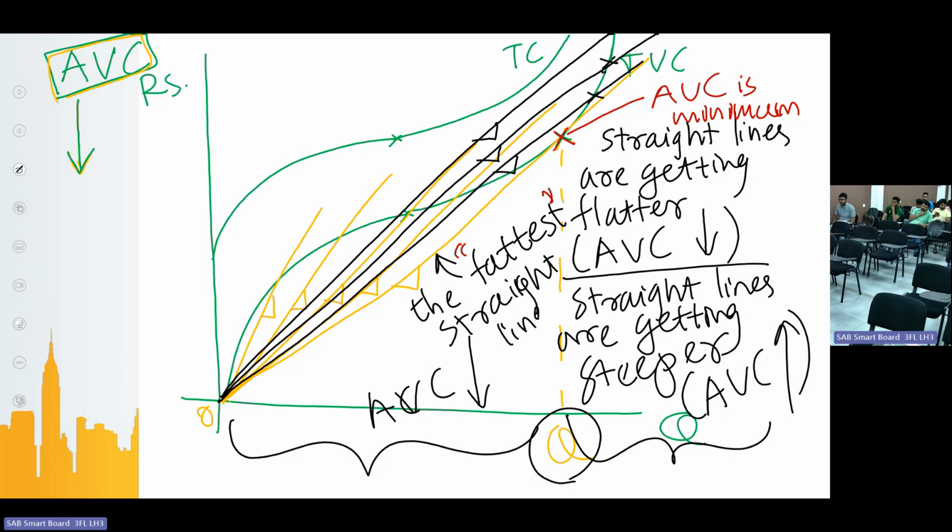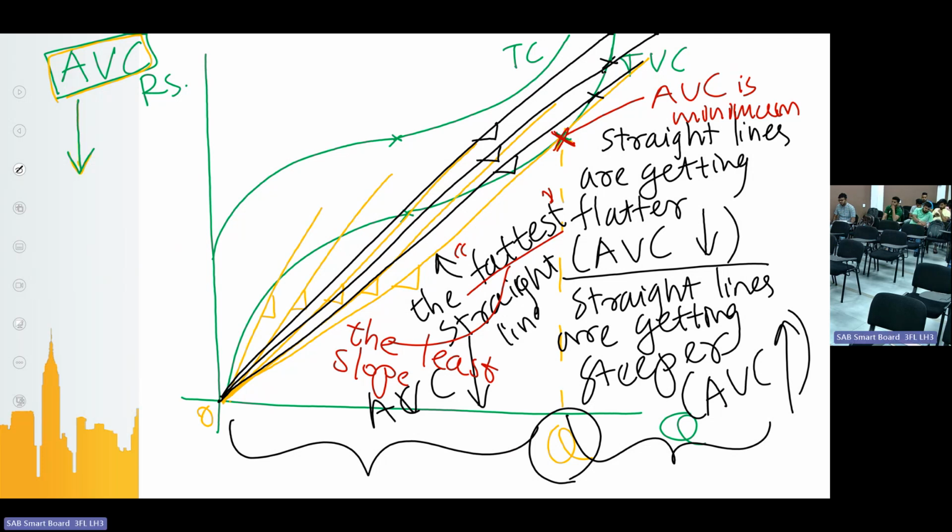This is the flattest straight line that we can draw, and it touches the AVC curve at this point. At that point, it represents the least slope. Flattest means the least slope.